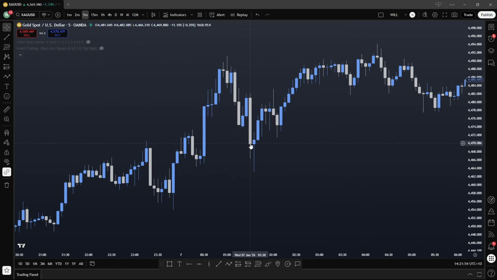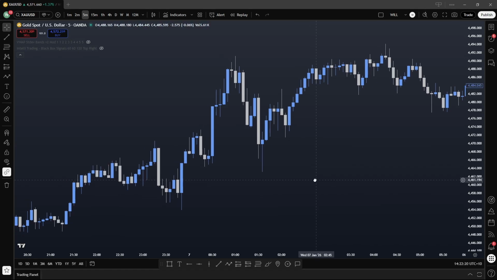But what we can see is two strong wicks to the downside, meaning price is rejecting this area. Price has slowed down during this time period at this price point before pushing up, because more buyers have come into the market here and have pushed price action back up, and sellers have not continued to push the market to the downside.